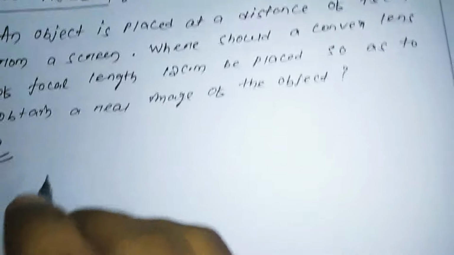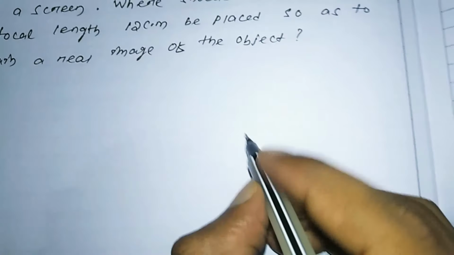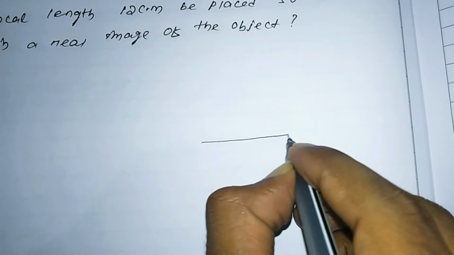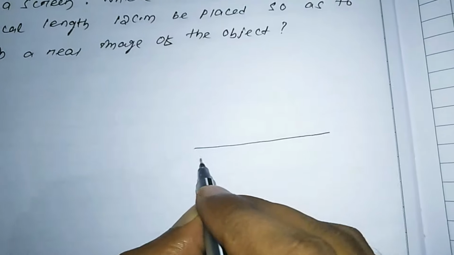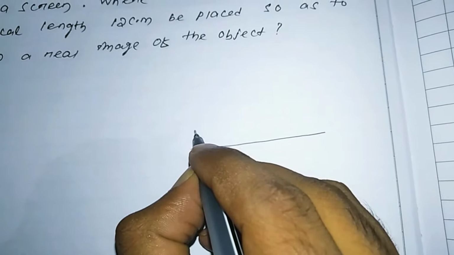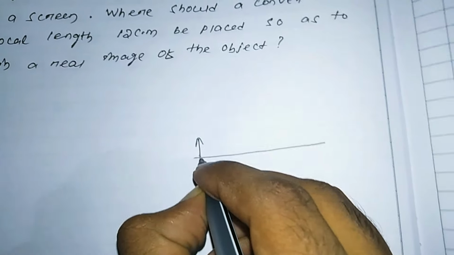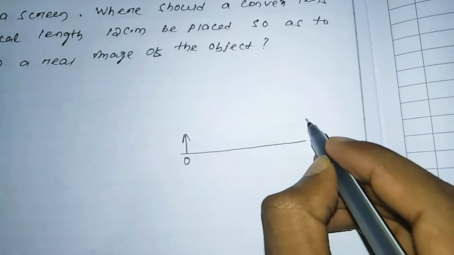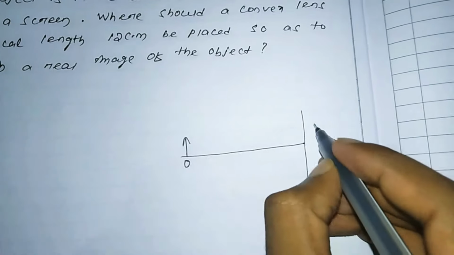Let's solve this problem. First of all, this is our principal axis. Here the object is placed, this is our object, and here is the screen.